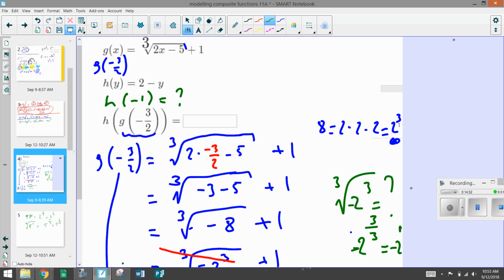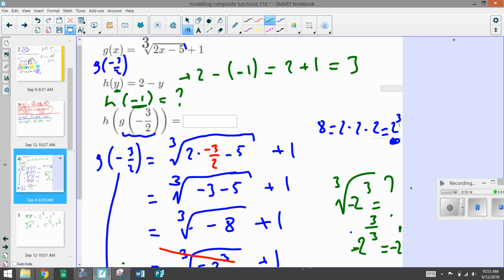Okay, let's check. So h, in this case, what is y? Y is negative 1. Plug it in here. 2 minus y, where y is negative 1, as you see. That makes 2 plus 1.